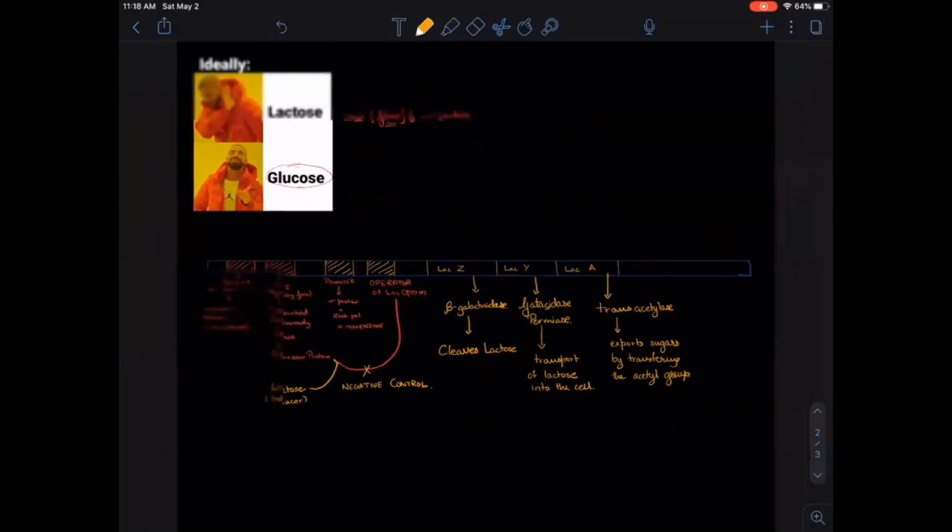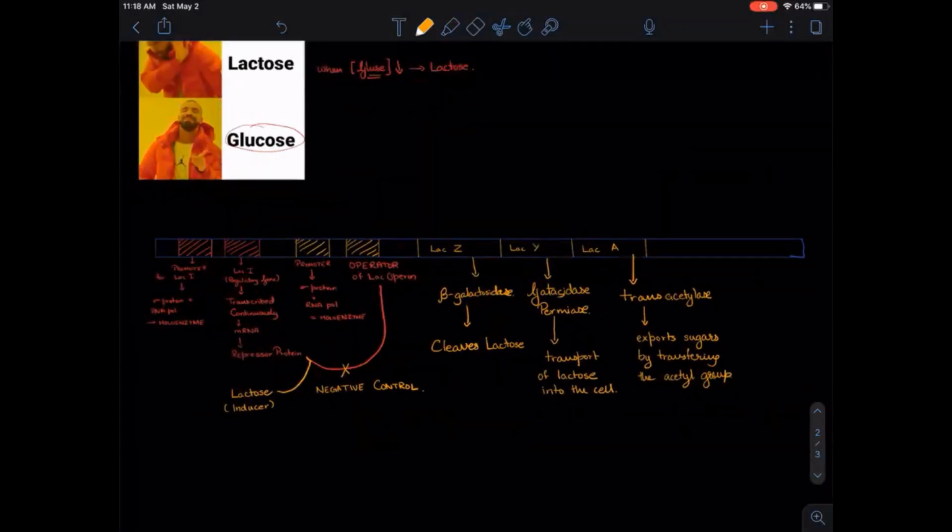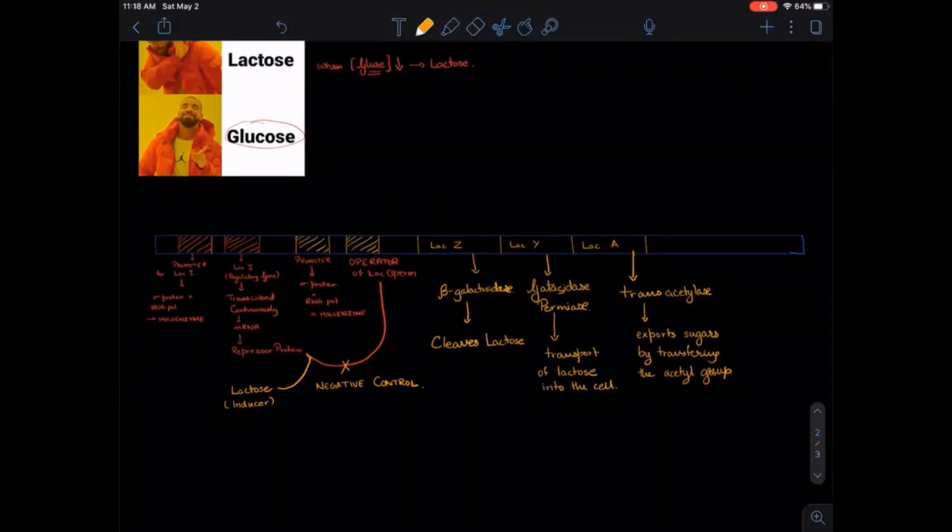Thus, when lactose is present in the surroundings, it binds to the repressor protein, thus enabling transcription of LAC-Z, LAC-Y, and LAC-A.